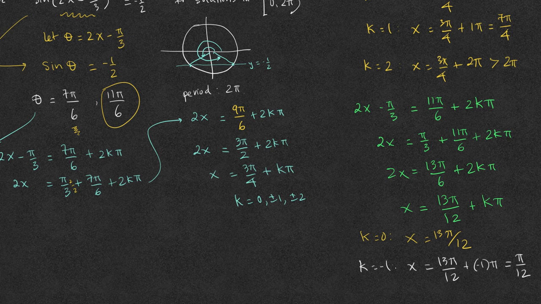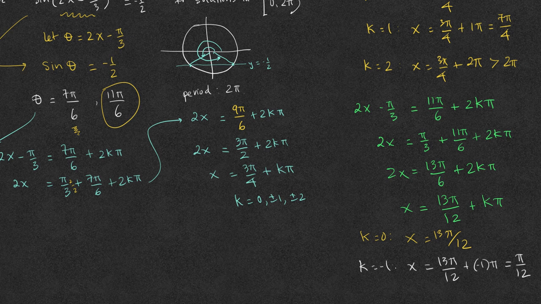And 1 pi over 12 is well in the interval 0 to 2 pi. And so if we didn't check k equals negative 1, we would lose one necessary solution. When we plug in k equals negative 2, then 13 pi over 12 minus 2 pi will give us a negative x. And we only need x between 0 to 2 pi.